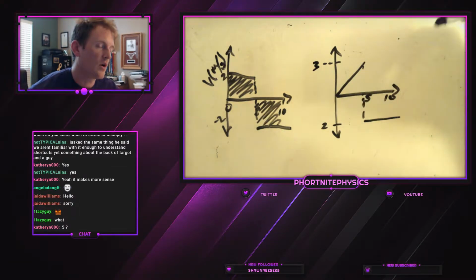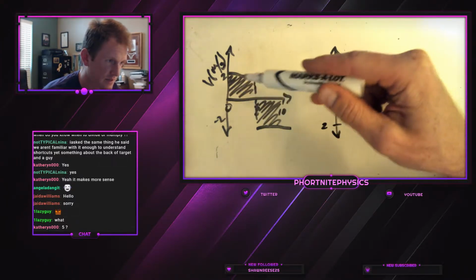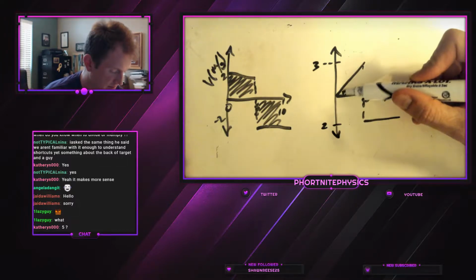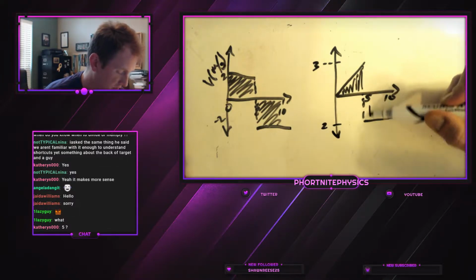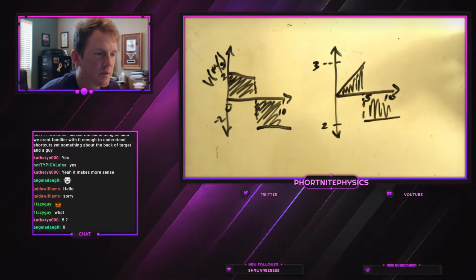So, what we're going to do is figure out the area of each one of these boxes, add them together, and that'll be our displacement for that part of the graph. Okay?